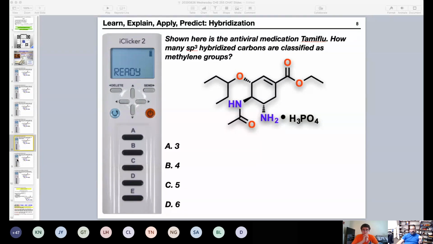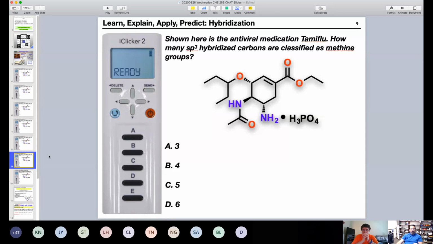Let's go on to the next one, which I believe are of the sp3 hybridized carbons, how many are methine groups? So again, we're considering sp3 hybridized carbon only.